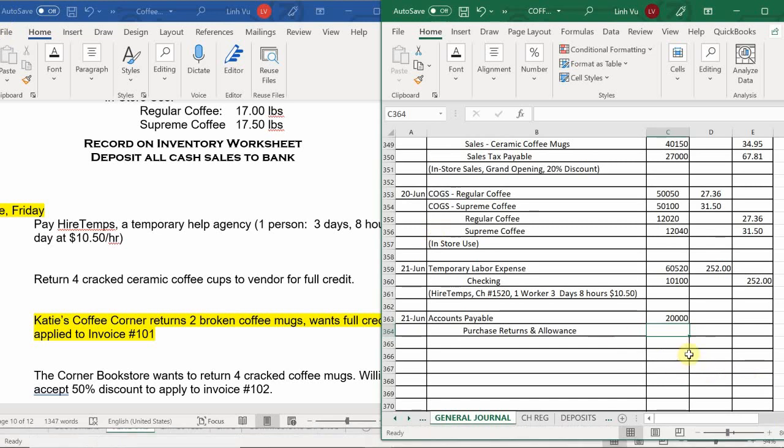So now it was 20 cups, right? How many cups is it? Sorry, I forgot. Let me check. 4 cups, and there were 80 cups here on the 20th.